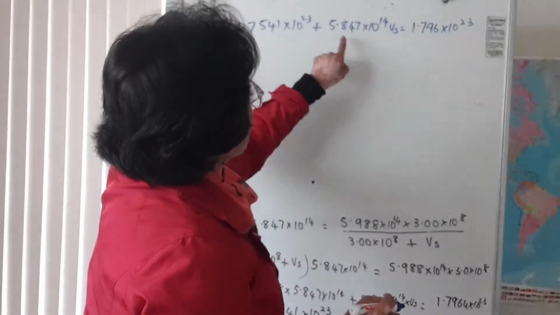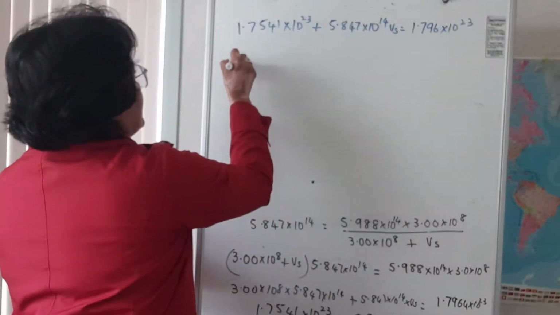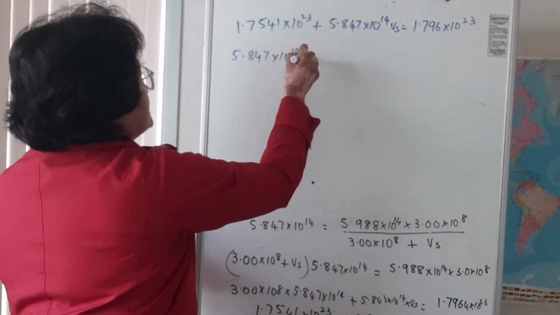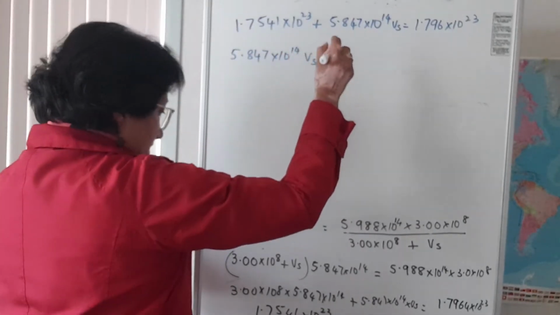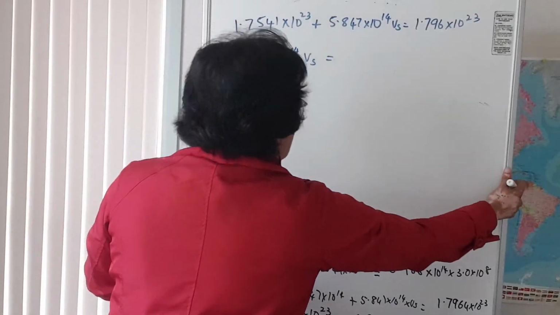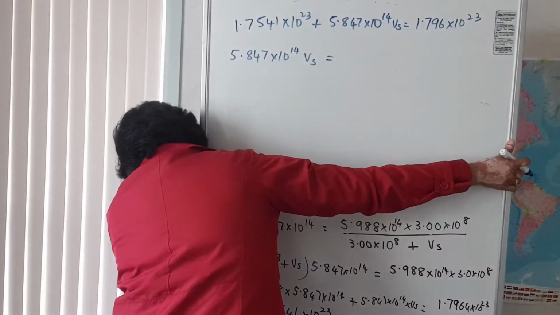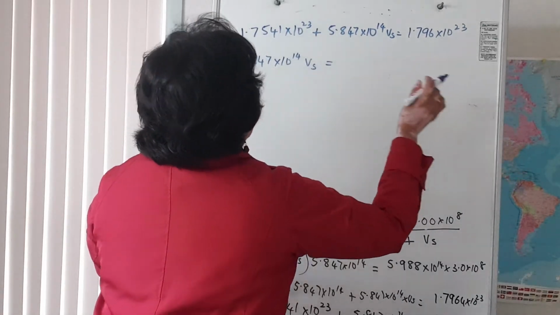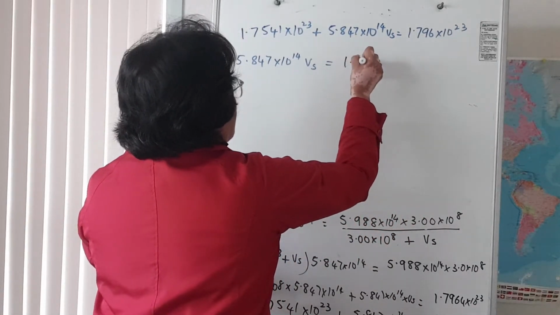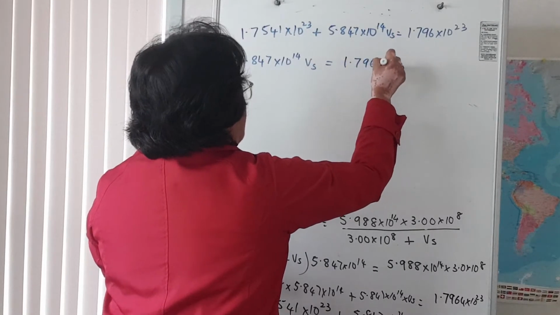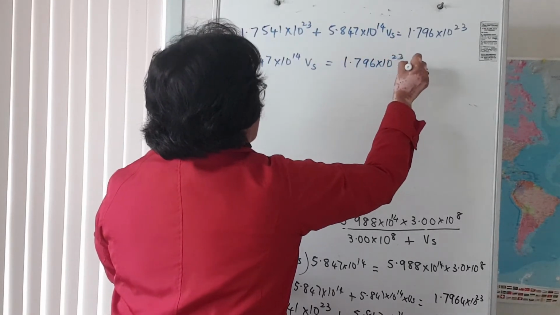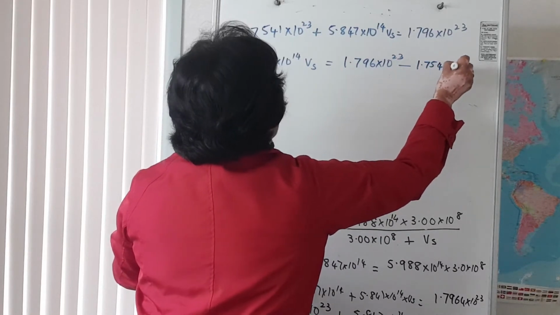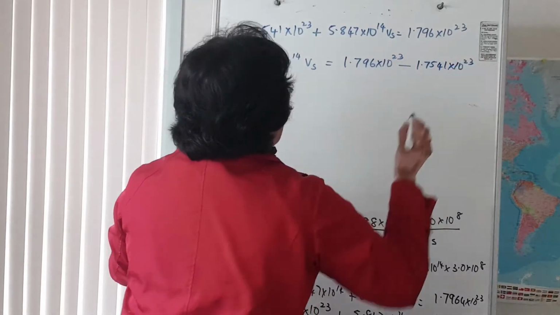Okay, so I just want to make that the subject of the formula. So I get 5.847 times 10 to the power of 14 times vs. Oops, this board is falling. Okay, it's okay now. Equals 1.796 times 10 to the power of 23 minus 1.7541 times 10 to the power of 23.